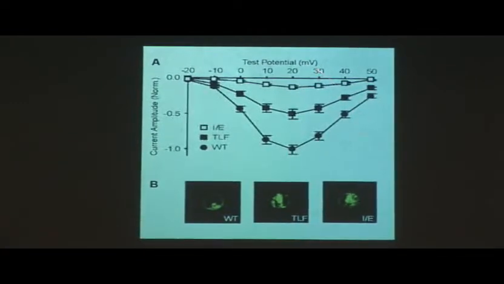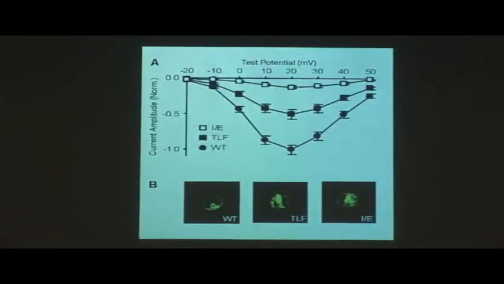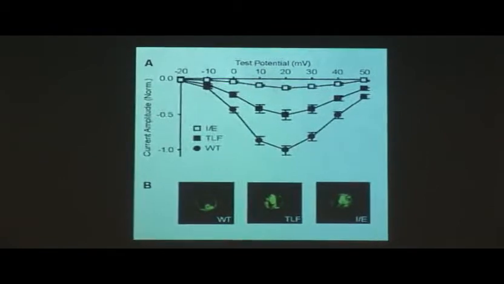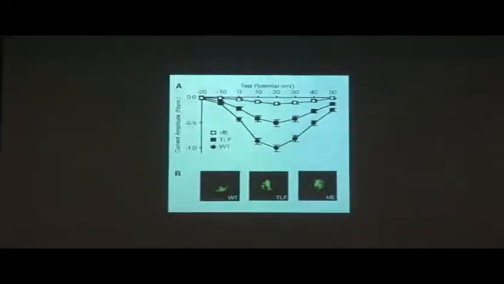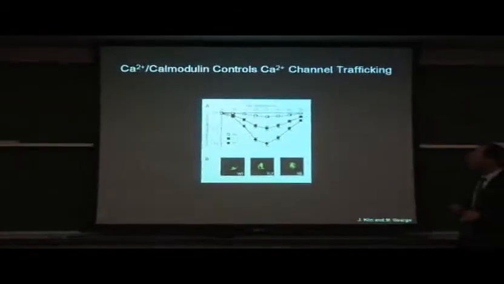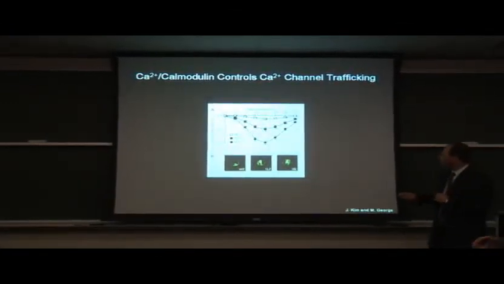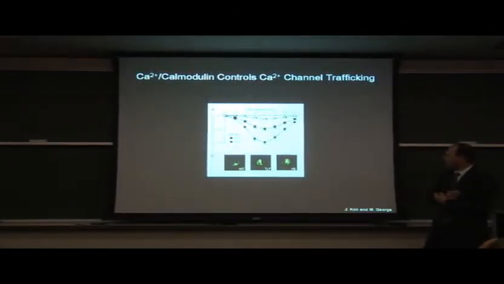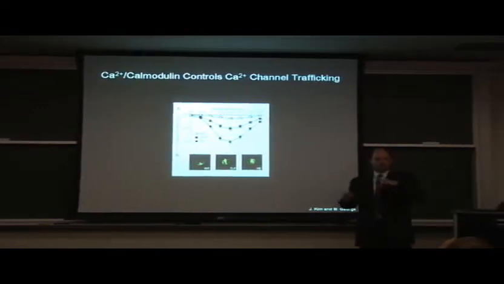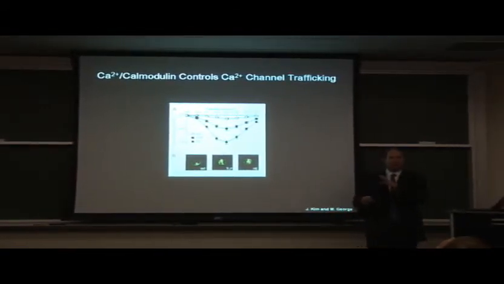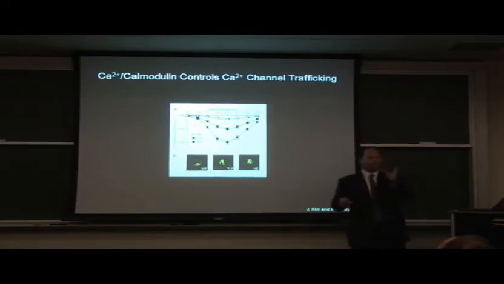We noticed decreased current amplitude for any mutation that appeared to disrupt calmodulin interaction with this critical determinant in the C-terminus. So we took channels, tagged them with a GFP at their N-terminus, and expressed them in HEK cells so that we could do correlated imaging experiments and functional experiments.